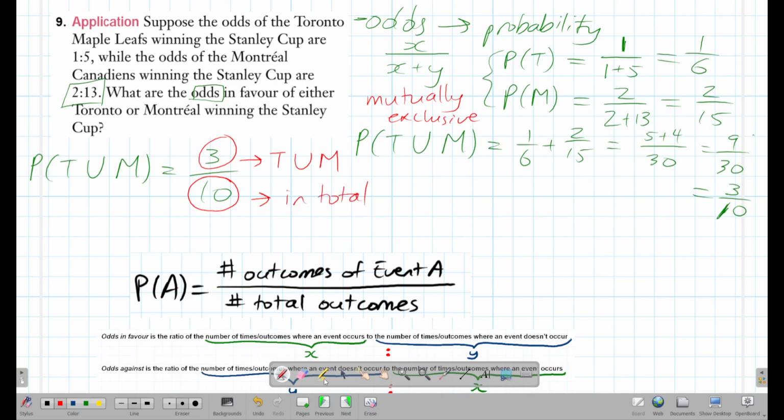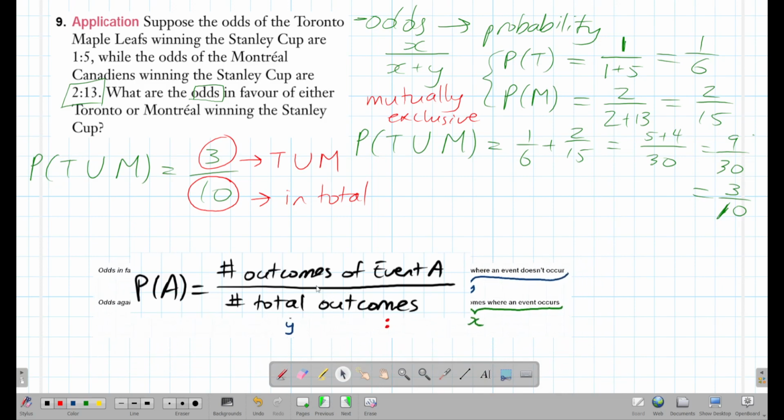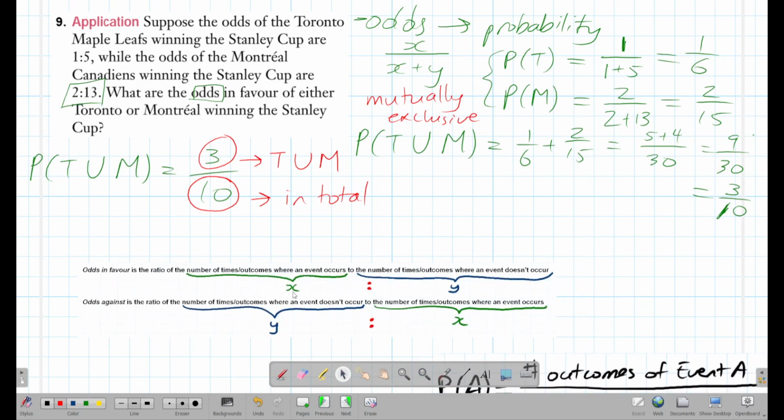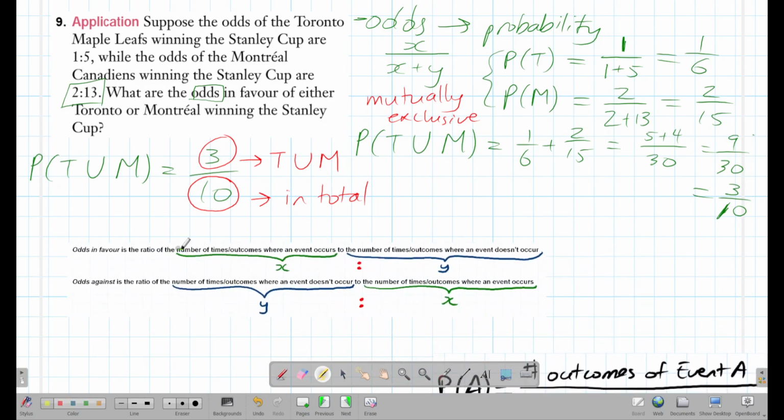So when it comes to turning the probability into odds, we need the number of outcomes where an event occurs. We already have that. That's 3. We know there are 3 outcomes where either the Leafs or the Montreal Canadiens win. And we need to put that in a ratio against the number of outcomes where an event doesn't occur.